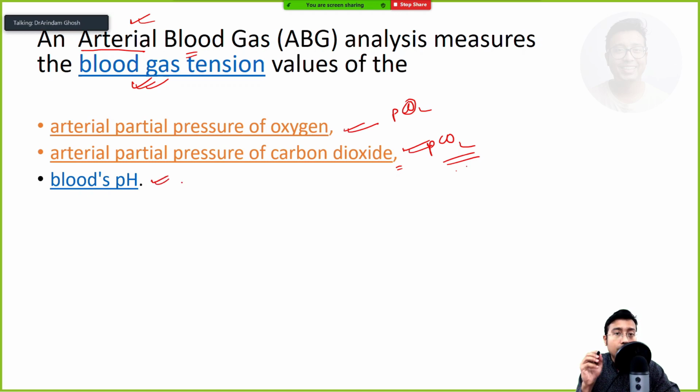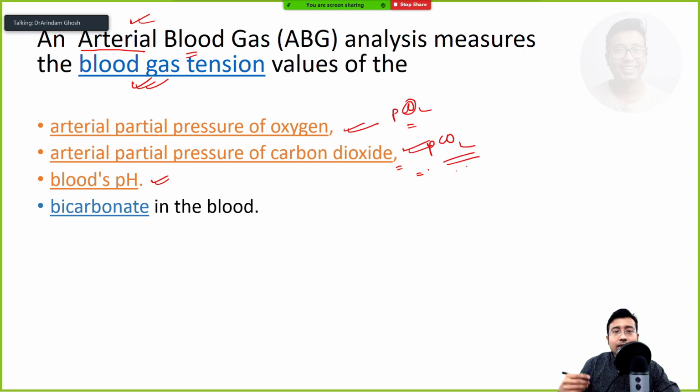You need to measure arterial blood gas to determine the pH of the blood. You cannot put litmus paper in blood, and naturally we cannot titrate blood with something. To know the exact pH, we need to do ABG. In the ABG machine, there is an electrode for pH. So blood pH is another important parameter, other than PO2 and PCO2, that can be measured by ABG.